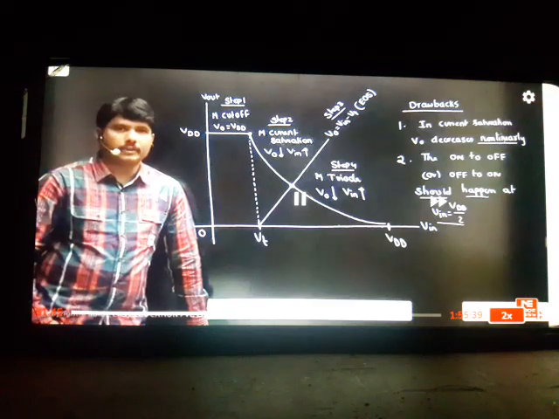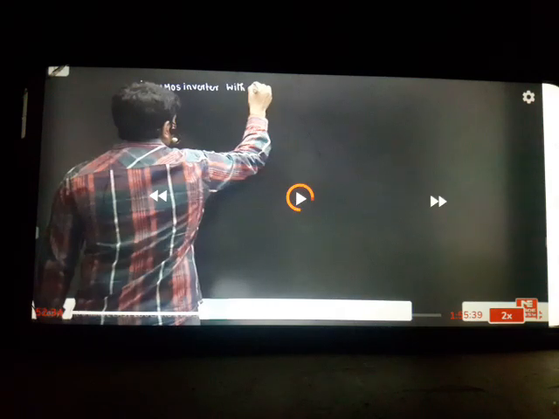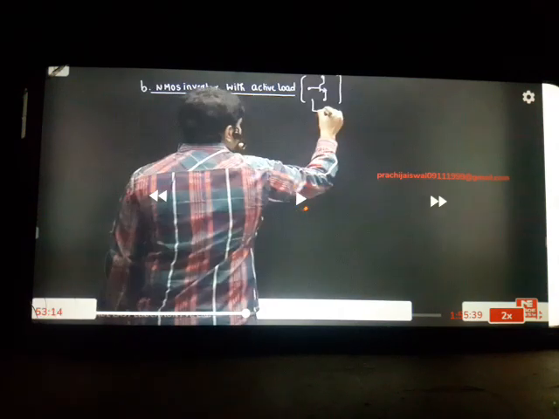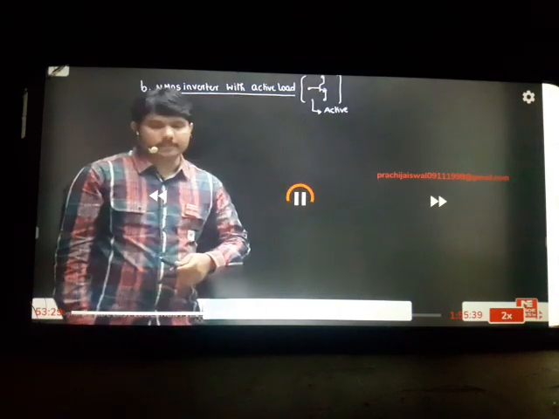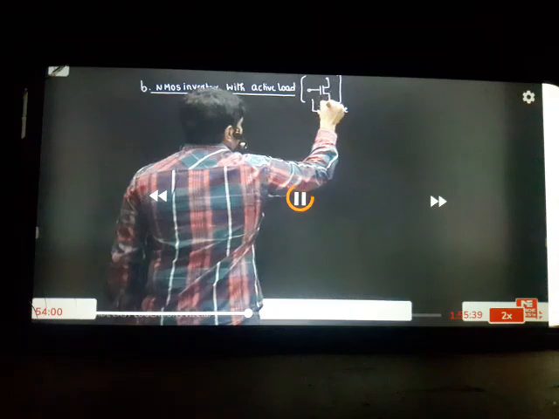0 to, suppose, 2 volts is off. But that is not happening in general inverters. That is a MOSFET as a load.